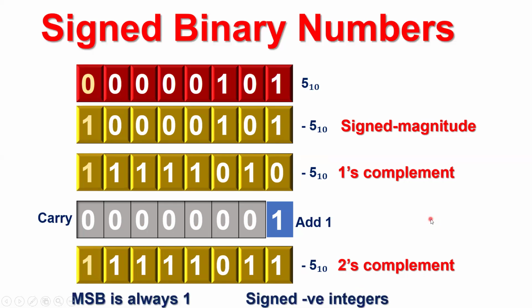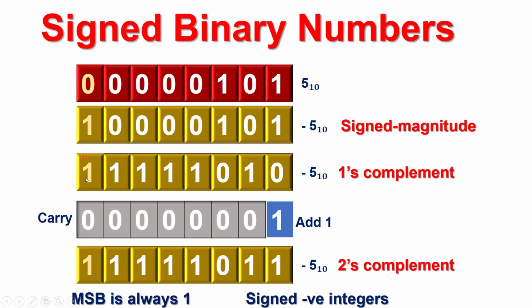What is to be noted here is that for negative numbers in signed binary form, the MSB is always 1. In the 2's complement, you see the MSB is always 1. In the 1's complement, the MSB is 1. Using signed magnitude, the MSB is also 1, showing this is the way signed binary negative integers are shown.